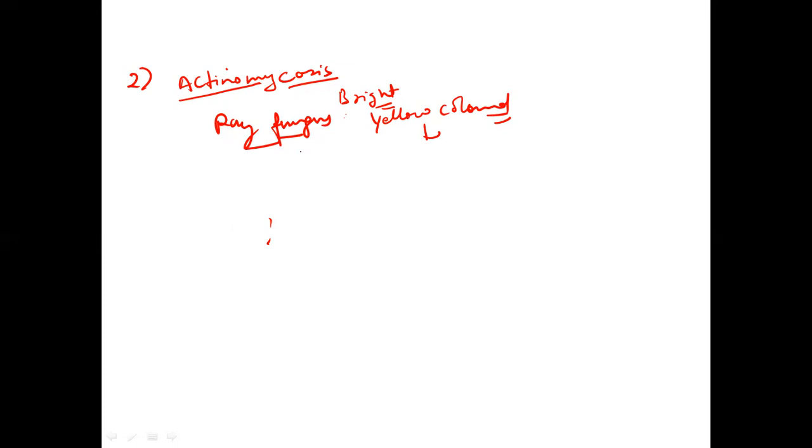The main important feature of ray fungus, actinomycosis, is sulfur granules. Now what will happen? There is a formation of cervicofacial lesions.